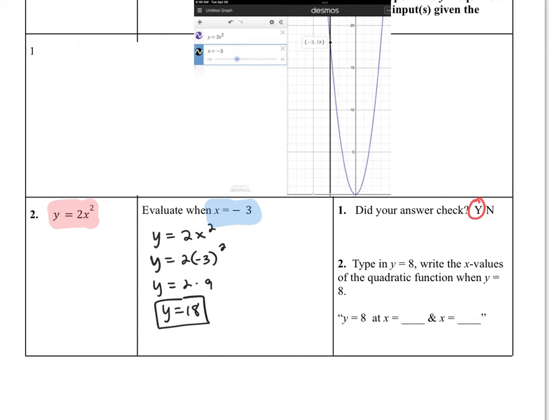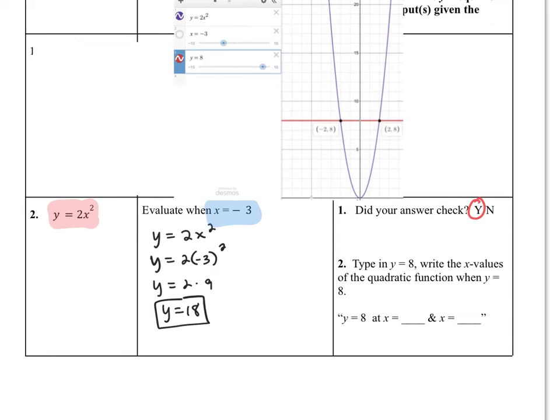So now I'm going to go back to Desmos, I'm going to turn this one off, and then I'm going to add on this row right here, this y equals 8, and we'll see what happens. So this time I still have my purple parabola, my quadratic equation, y equals 2x squared. I just turned off this equation right here, and then I added in this y equals 8 equation.